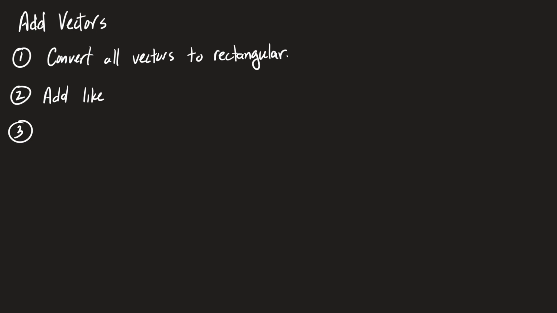But adding vectors. Step 1, you have to convert all vectors to rectangular. Meaning you have to place your vectors in their component form. It's because we only have one-dimensional math. Once you've done this, you will add like vectors together.